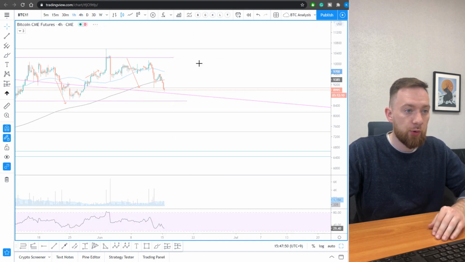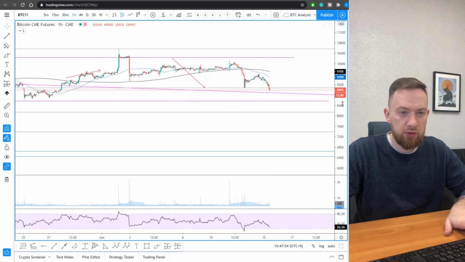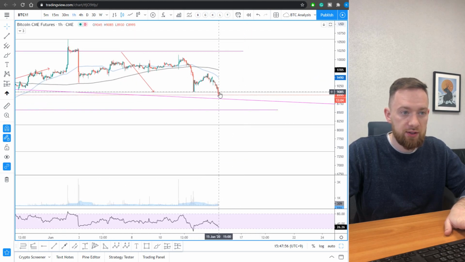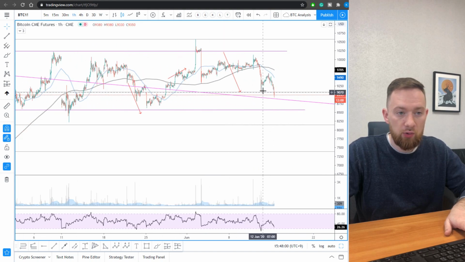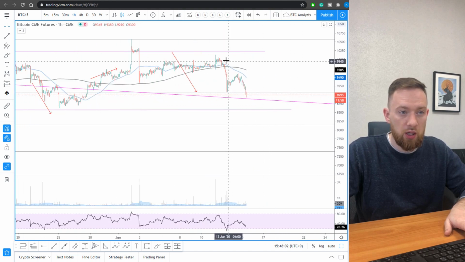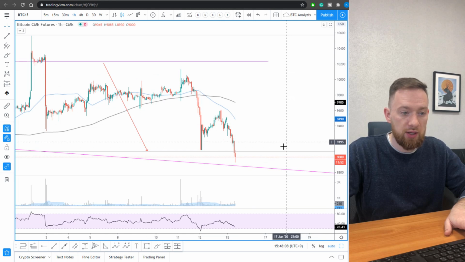At the same time, if we go to the 1-hour time frame, it's a very similar picture over here. We can see that the price is breaking down below its previous low. We can see that a downward channel is forming. The only warning sign for the bears right now is that we might see some potential divergence on an hourly time frame.